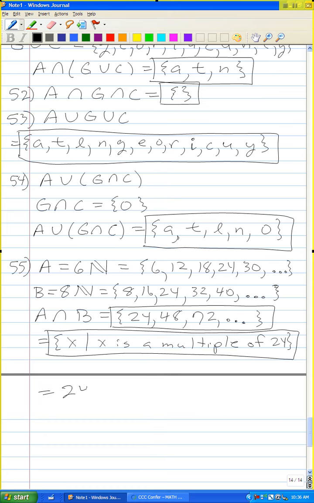It's just 24 times the natural numbers. Note that 24 is just the least common multiple of 6 and 8.